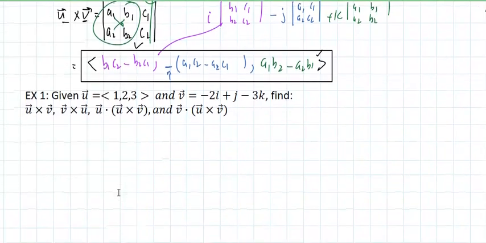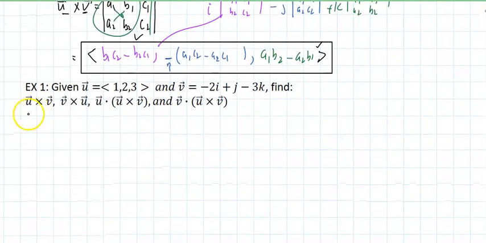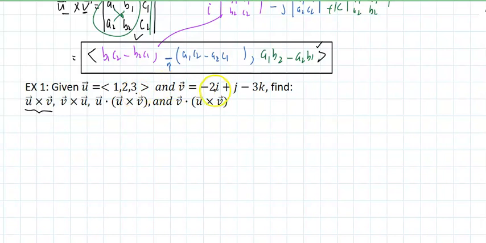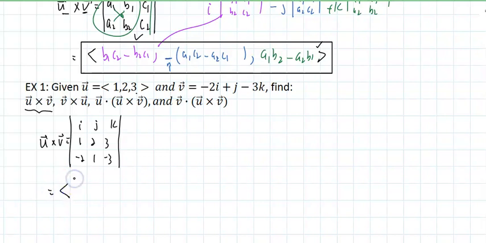So two things I need to do here first. First, I need to find u cross v. There's u, there's v. U cross v would be the determinant of i, j, k, 1, 2, 3, negative 2, 1, negative 3. That would be what? And let's see how this works. The i component, negative 6 minus 3.